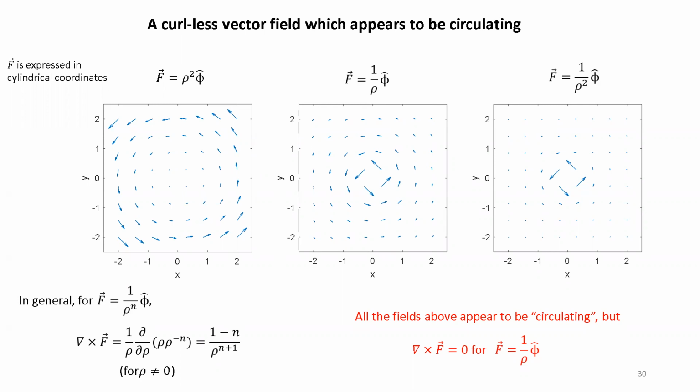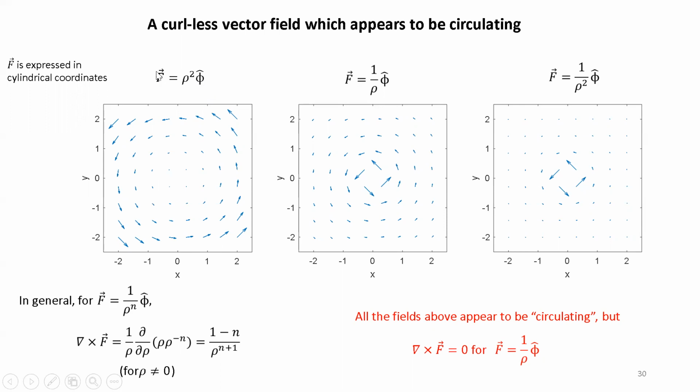And again, what I want to tell you is that in these 3 cases, which are expressed in cylindrical coordinates, in this case F equals rho squared phi hat. Remember, phi hat is a unit vector that is always pointing tangential to a circle centered at the origin.